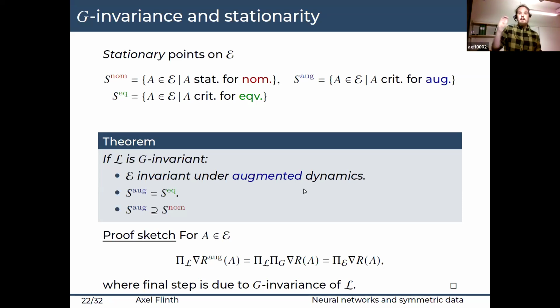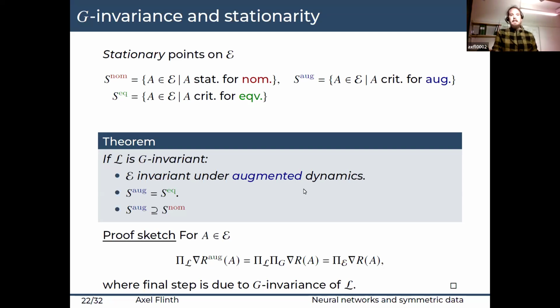So if the first side is 0, the last side is 0, I also see that my augmented dynamics will always give me gradients which point in the E direction, so I will stay there. And if I have something which already is a stationary point under my nominal gradients, it will stay 0 after augmentation.